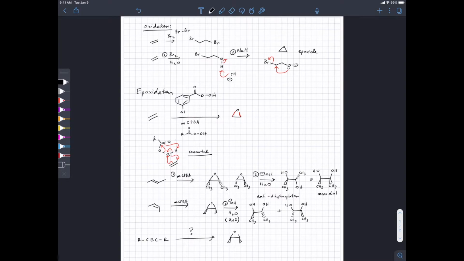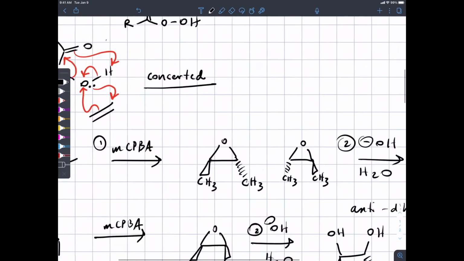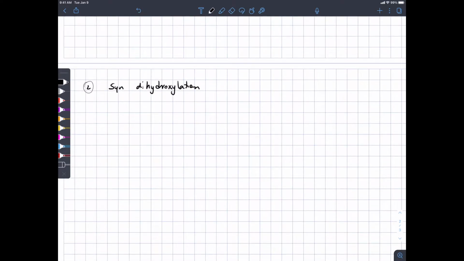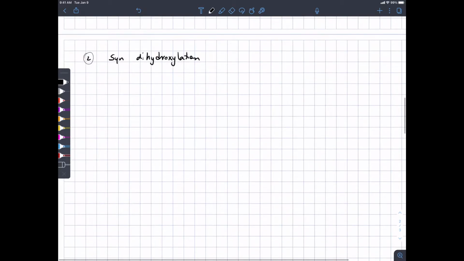Okay, so the next set of reactions is going to be called syn dihydroxylation. And we're going to use reagents that have metal oxygen bonds that are relatively weak.